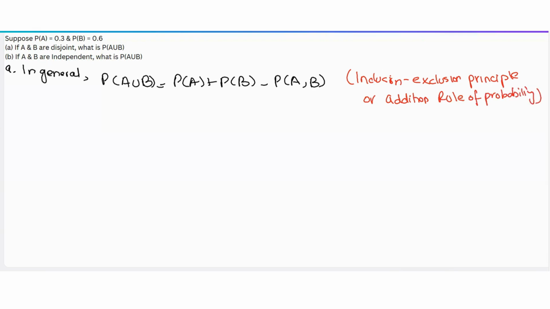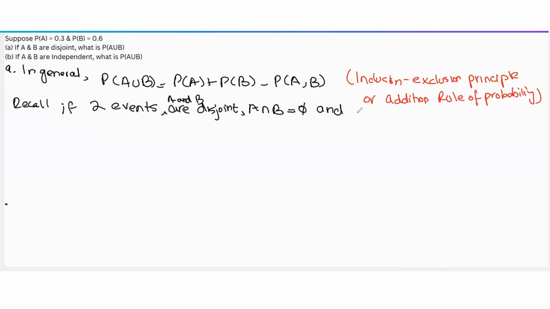Now I want to look at two specific cases: when A and B are disjoint and when A and B are independent. So let's recall, if two events A and B are disjoint or mutually exclusive, then A intersection B is going to be equal to the null set, or the empty set.